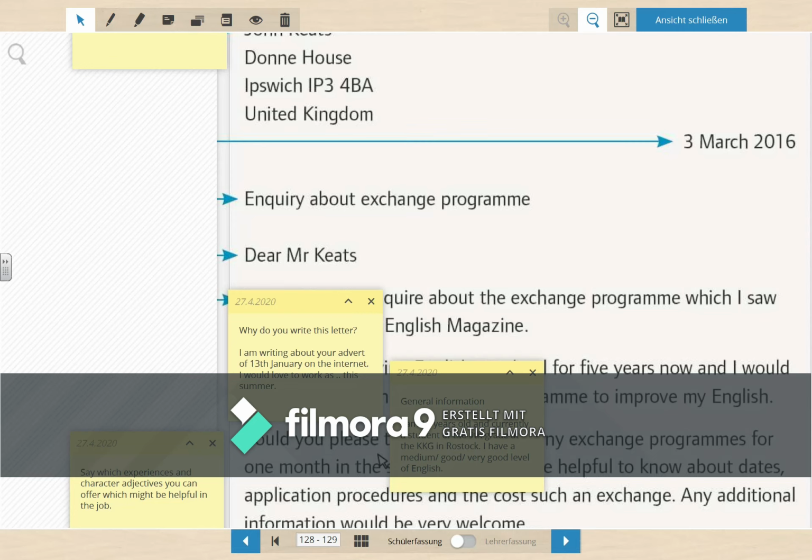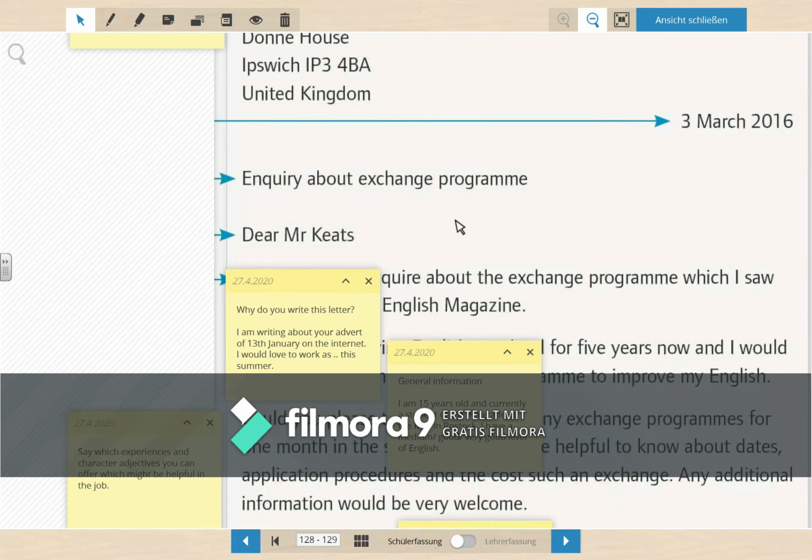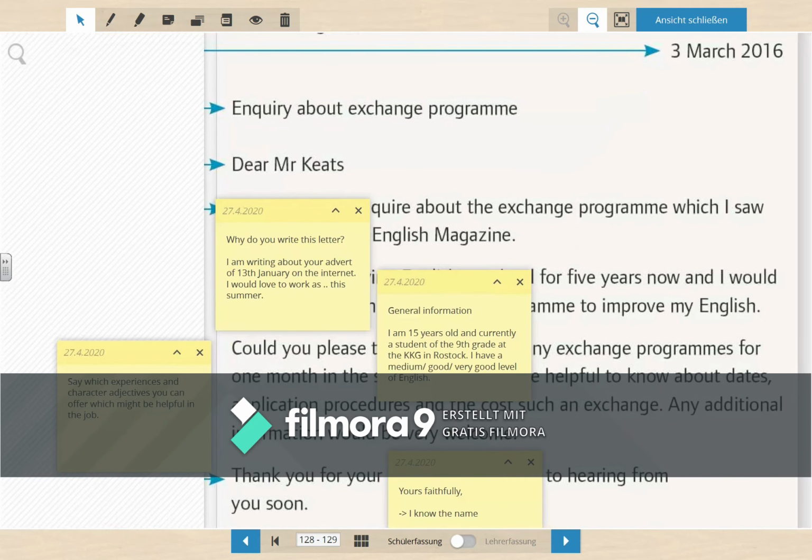I have a very good level of English, so you could say something about your language skills. Make something up. This is not complete. Just make something up and think about the question, which general information might be helpful or necessary to talk about in this application, also considering what kind of job you are applying for.